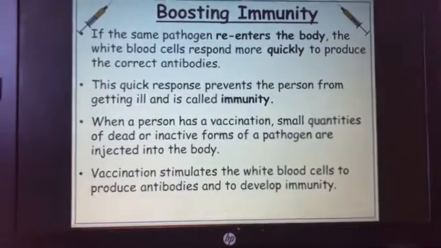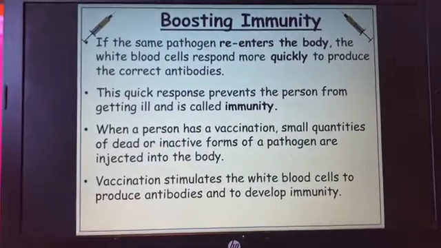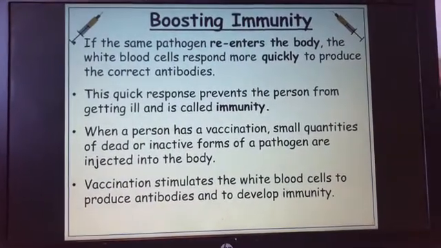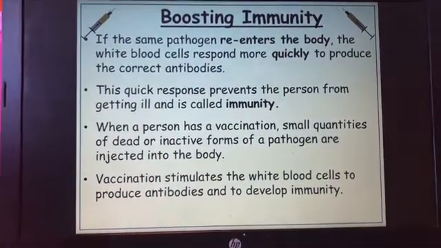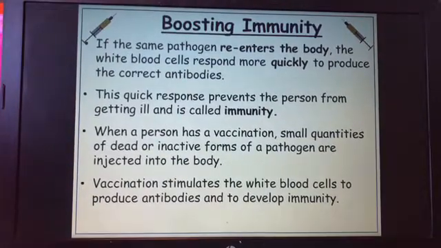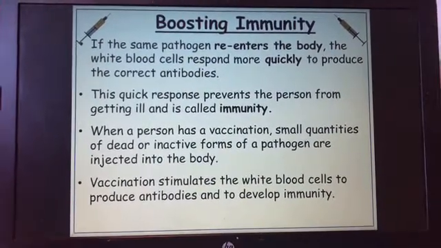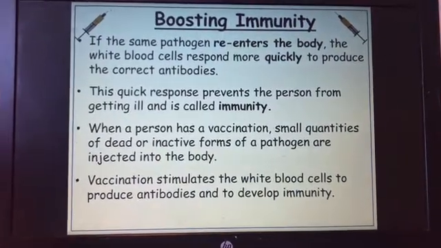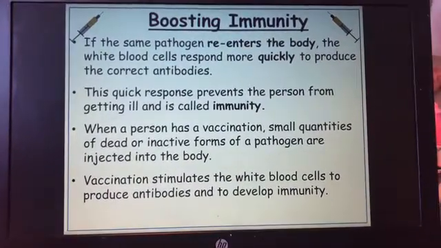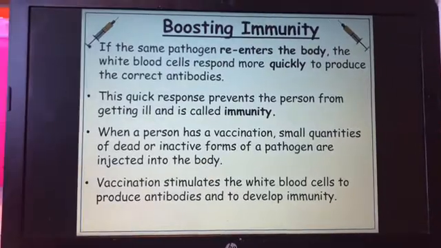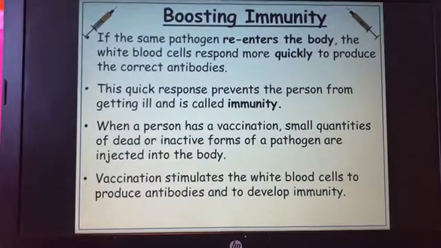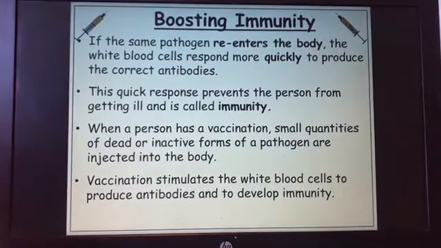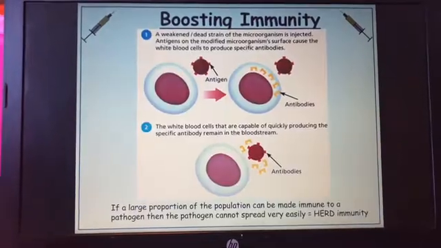Now sometimes you wouldn't want to risk getting the primary infection and the symptoms if it was a deadly disease. So in that case you can use a vaccination. A vaccination contains small quantities of dead or inactive forms of the pathogen, which can be injected into the body. That helps to develop a natural immunity, so your body will produce the correct antibodies and produce memory cells, so that if you got the real infection, you would be immune to it.